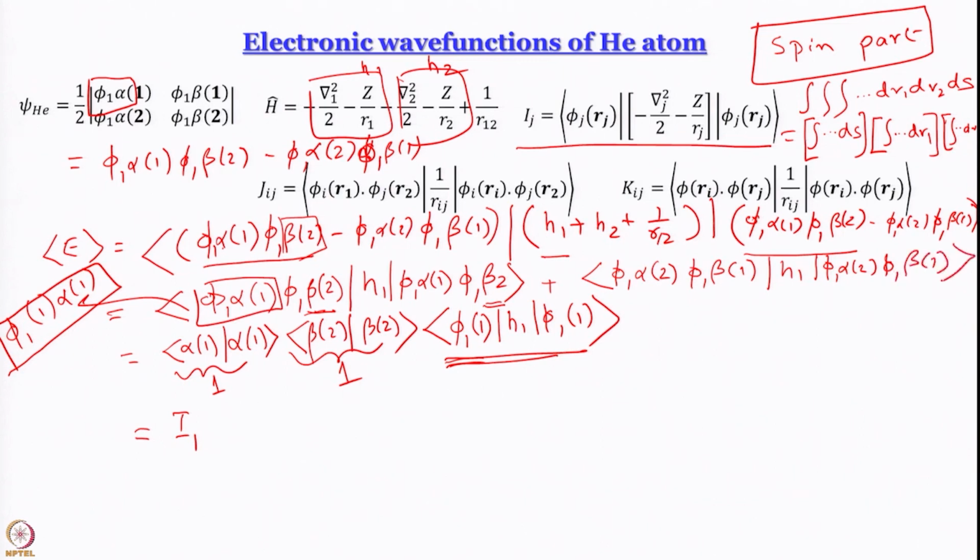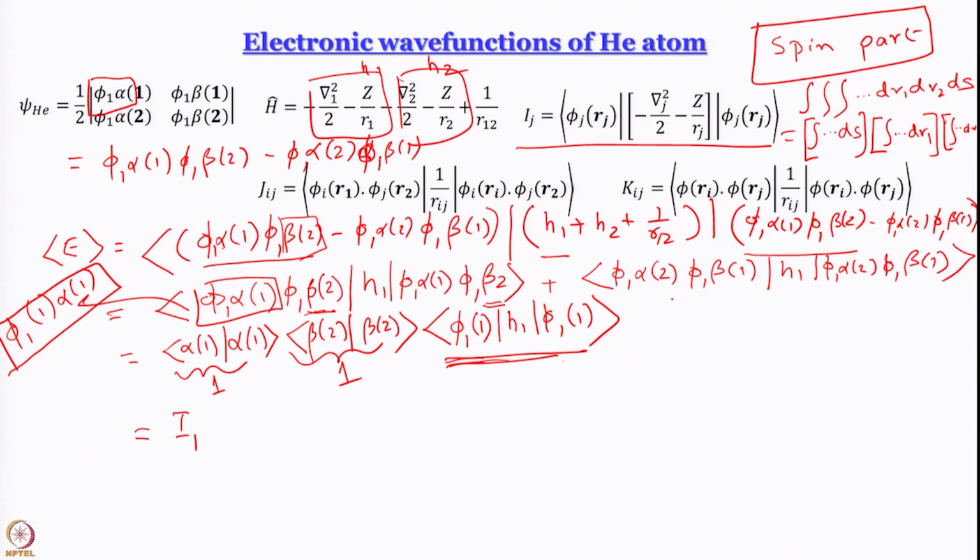I hope it is not very difficult to see that by similar treatment we are going to get I1 once again, right, because what do you have? You will have phi 1 1 H1 phi 1 1, the same thing. Again you have alpha 2 that is 1, beta 1 that is 1. So, again you will get I1 from there.